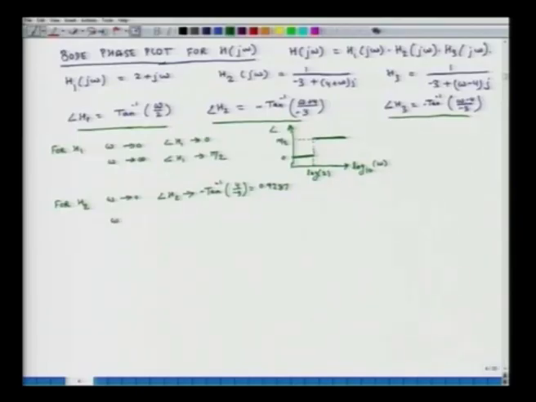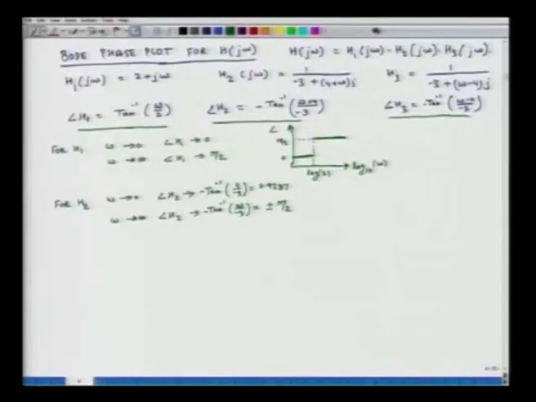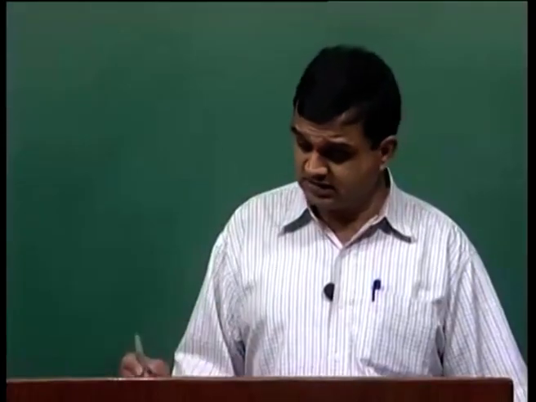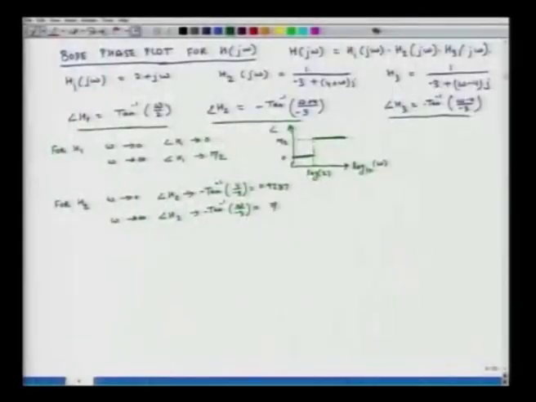And as omega is approaching infinity, phase of H2 is approaching negative of tan inverse of omega over minus 3, and when omega becomes extremely large, then essentially it becomes plus minus pi over 2. So, when omega has a positive value and it is extremely large, then it becomes pi over 2.